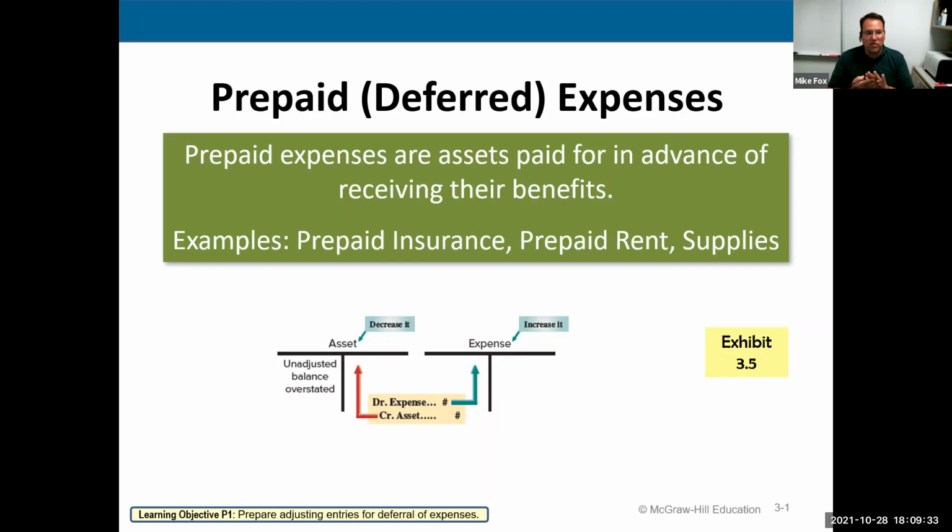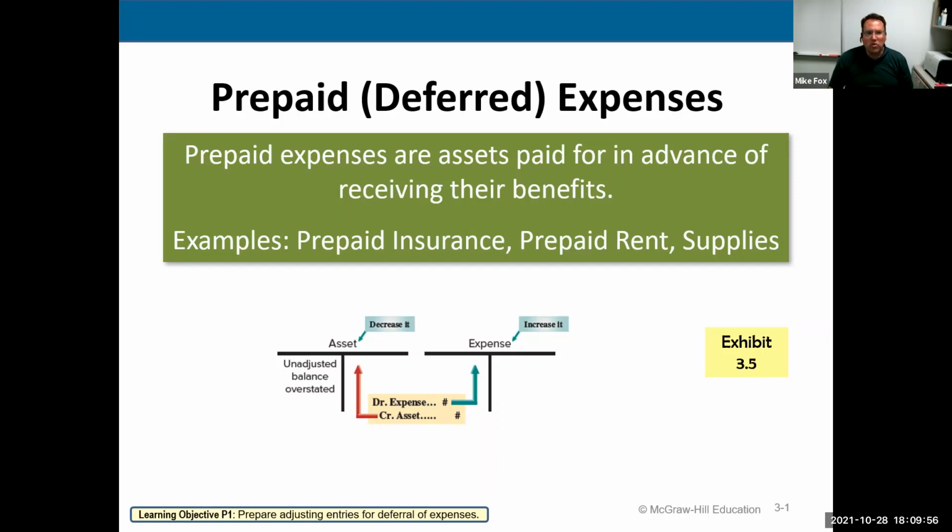So these four types of adjusting entries are really it. They're just these four circumstances where the cash and the revenue, or the cash and the expense, don't match up with each other. I think sometimes we try to think of it as this big confusing thing, and that's really all that's happening. So I'm going to walk through the four types and give at least one example of each.